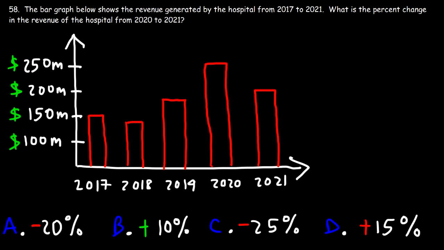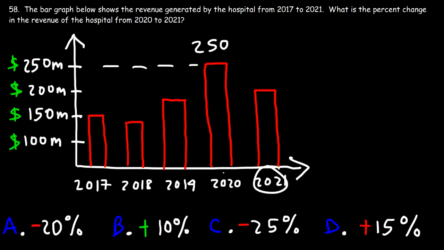58. The bar graph below shows the revenue generated by the hospital from the years 2017 to 2021. What is the percent change in the revenue of the hospital from 2020 to 2021? In 2020, the revenue is approximately 250 million.